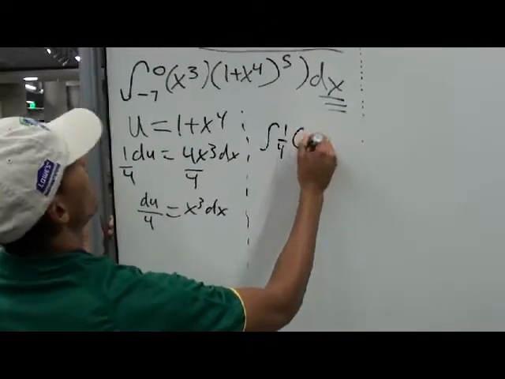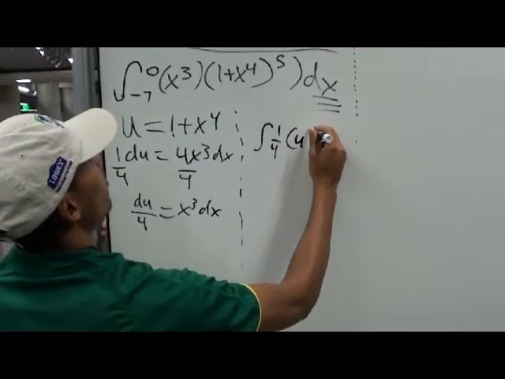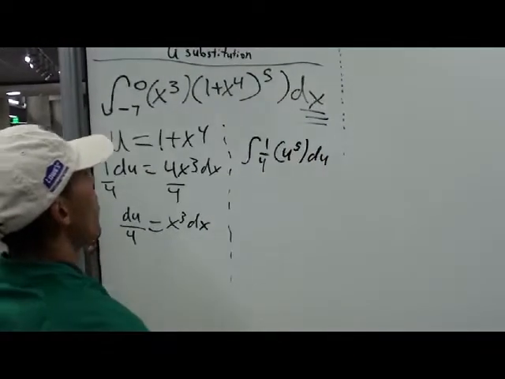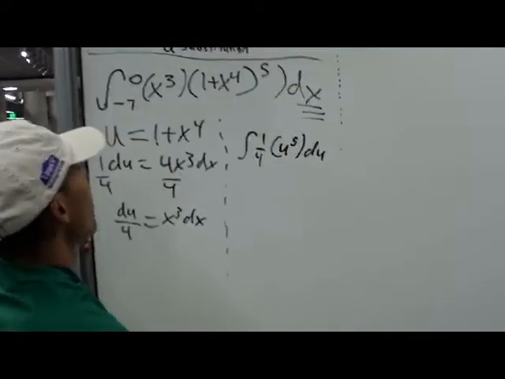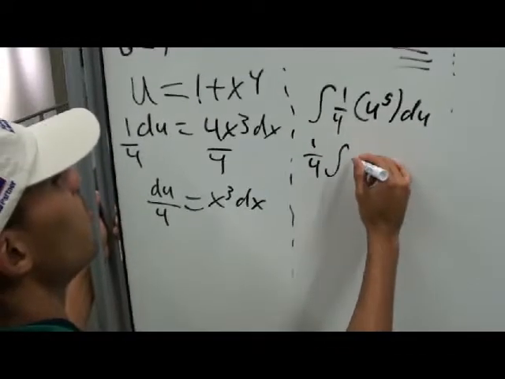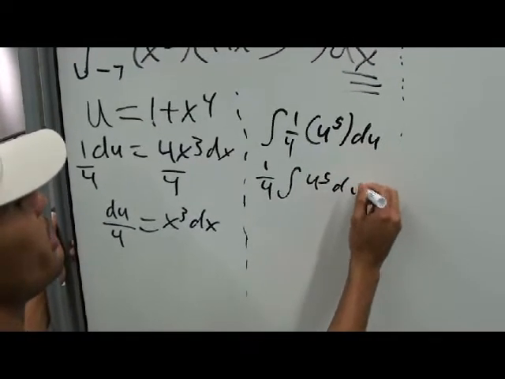And our u, remember, is 1 plus x to the 4th. So u to the 5th du. Okay? So now we have that. We can move this 1/4 out of the way: 1/4 integral of u to the 5th du.